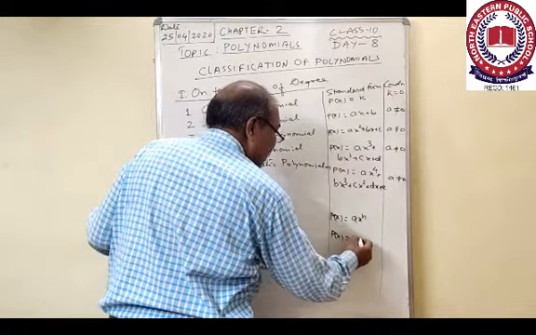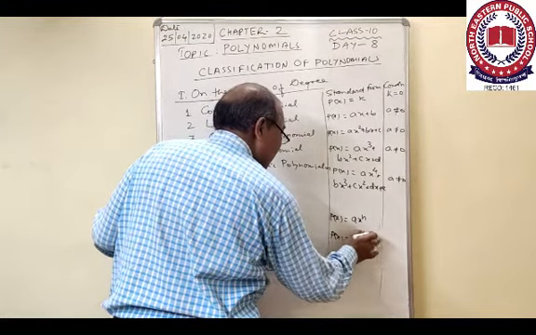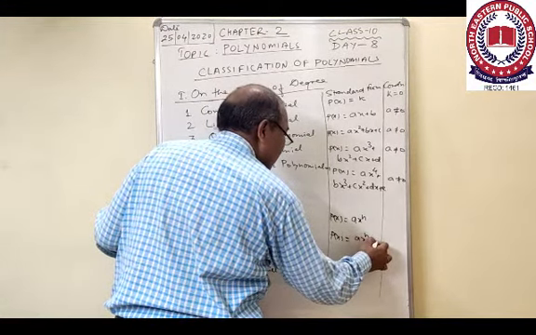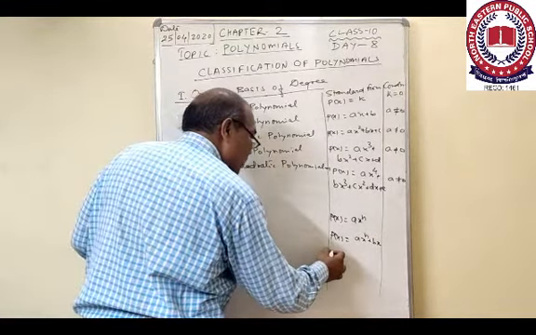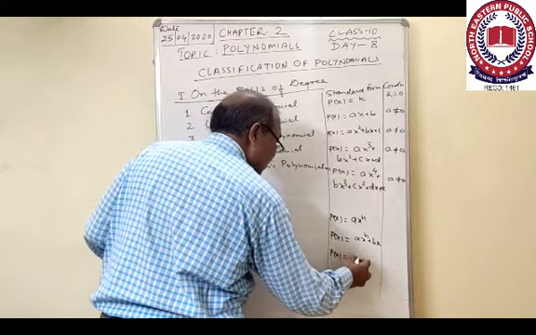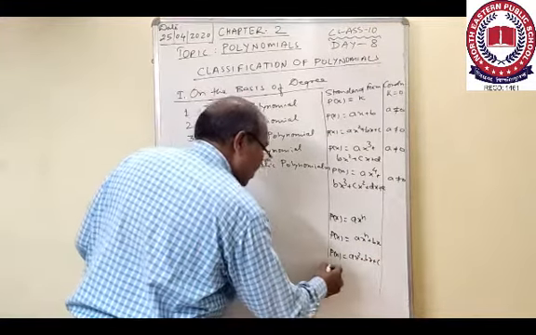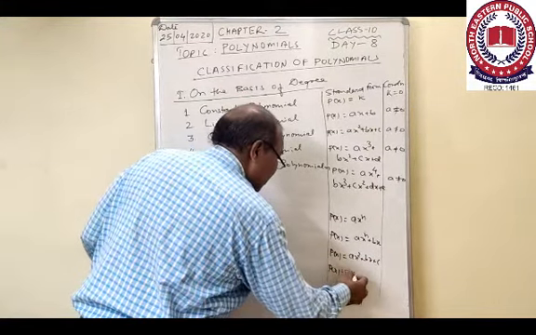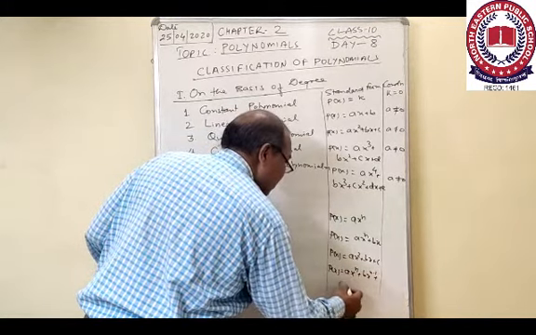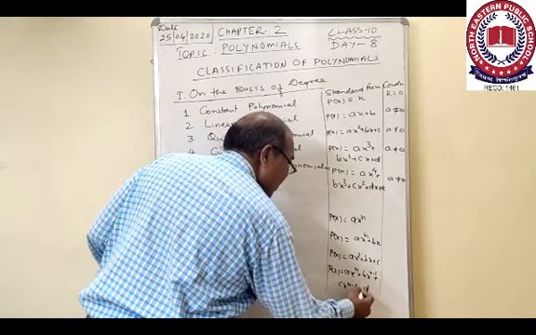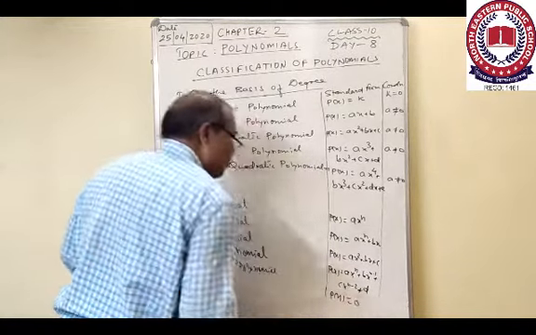In binomial, it can be written as ax power n plus bx. Likewise, trinomial p of x can be written as ax square plus bx plus c. Then tetranomial p of x can be written as ax power n plus bx power n minus 1 plus cx power n minus 2 plus d. Likewise, the polynomials can be given, and zero polynomial is p of x is equal to only 0.